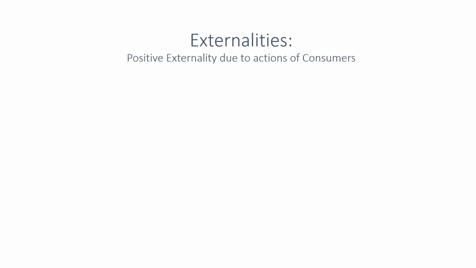Now, the externalities could be divided into 4 parts. Positive externality because of a consumer. So if I buy too much or if I keep buying a particular product, if that buying decision has a positive effect on the society, I would say it's a positive externality because of the action of a consumer. A good example here is education.